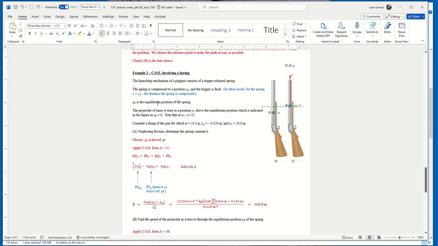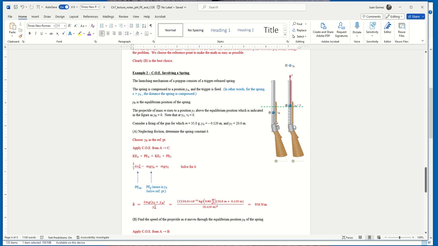Here we have YA, YB, and YC. YB, the middle, indicated by the green dotted line, is the equilibrium position of the spring. In other words, at YB, the spring is neither stretched nor compressed.